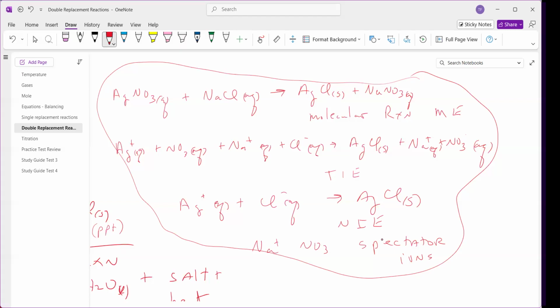Except for the total ionic equation, most students find they're easier to understand than the single replacement.